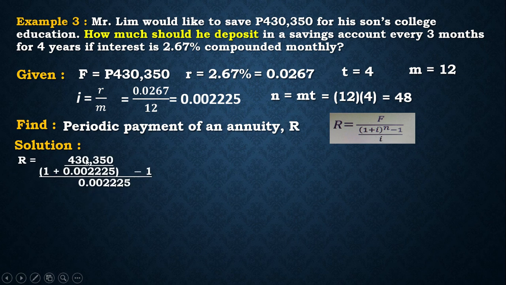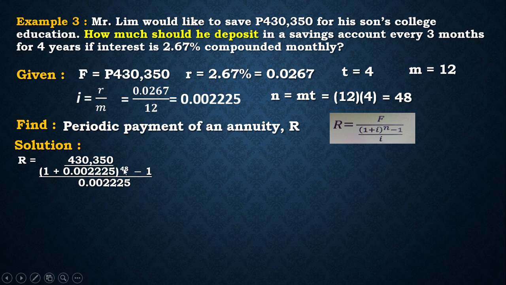Solution, we have to substitute the following dun sa formula, yung F natin, that is 430,350. Ito po siya. Tapos, yung second layer po natin, yung denominator, which is 1 plus, sinubstitute natin yung I. Ano nga ba yung I? Ito po siya. 0.002225. And then, yung exponent niya na n, ito po, n is equal to 48.